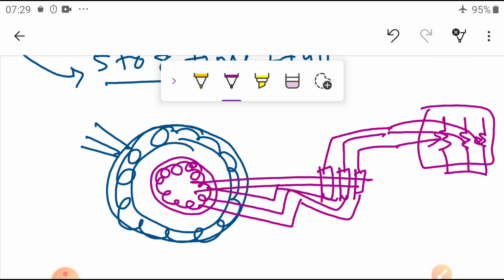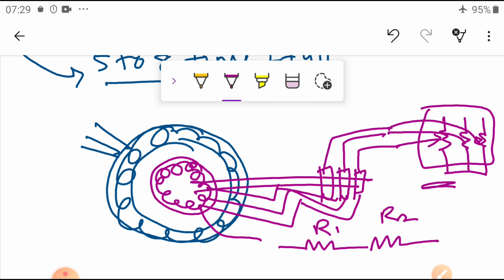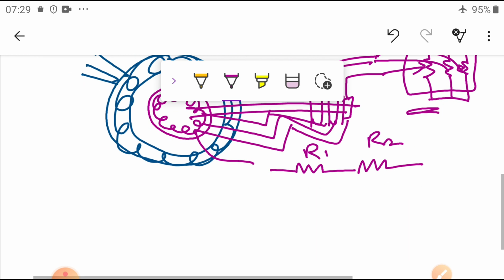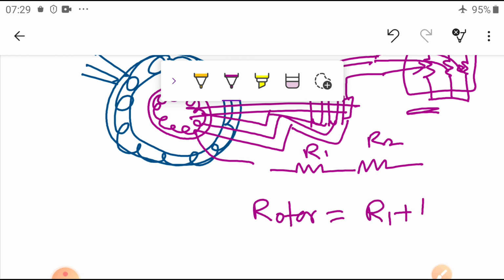Then what will happen? This winding has some resistance, for example R1. Now this external resistance is R2. Then the resultant resistance of the rotor circuit is equal to R1 plus R2.